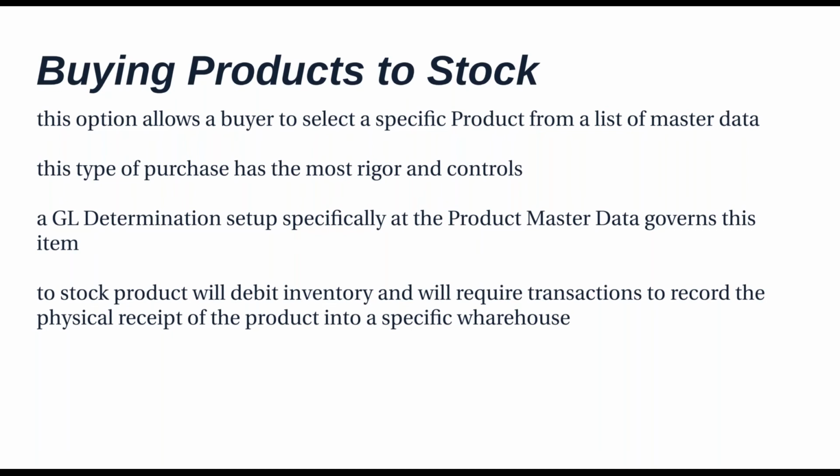And then to stock product, you're going to debit inventory. It will require transactions to record the physical receipt of the product into the specific warehouse. So you may be familiar with that. If you are doing a three-way match process on a service, you can do a simple purchase order. Right off that purchase order list, you can click the button that says goods and service confirmation. You get a very simple goods and service confirmation, and then you can promote it to an invoice.